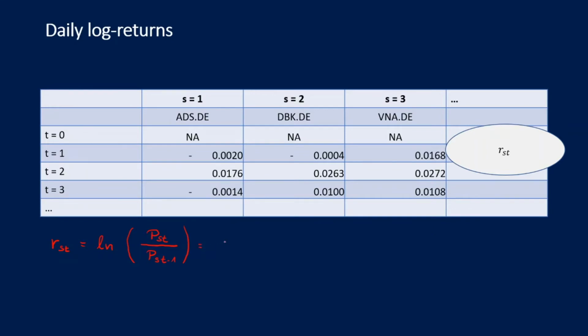Or, applying the logarithm calculation rules, the difference between the logarithm of the price today and the logarithm of the price yesterday. Or it is simply the logarithm of 1 plus the simple daily return.